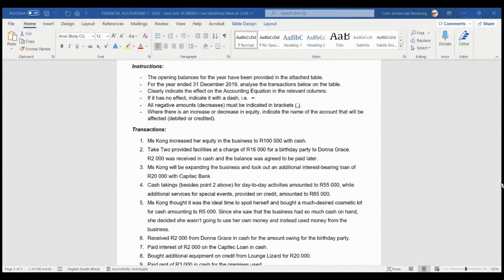Now let's go a little bit further. Which particular asset will be affected? Bank. Thank you. Matomi has got for us both the asset and the liability. It will be the asset bank and the liability Capitec loan. Thank you all for those answers. You are spot on.